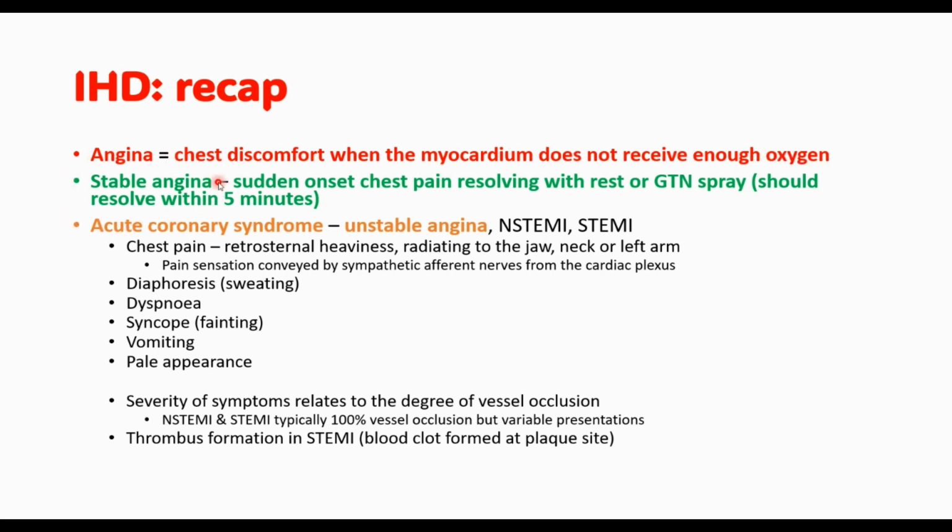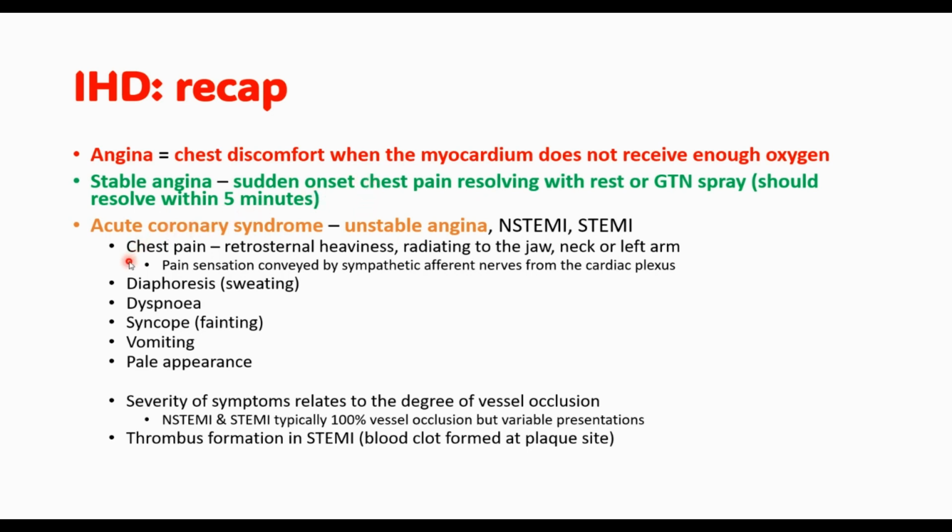And then we have the two conditions we're going to be talking about today: stable angina and unstable angina. Unstable angina, remember, is part of acute coronary syndrome, which also includes NSTEMI and STEMI, which we're going to talk about in the next video in more detail. Okay, so stable angina is sudden onset chest pain resolving with rest or GTN spray, and it should typically resolve within 5 minutes.